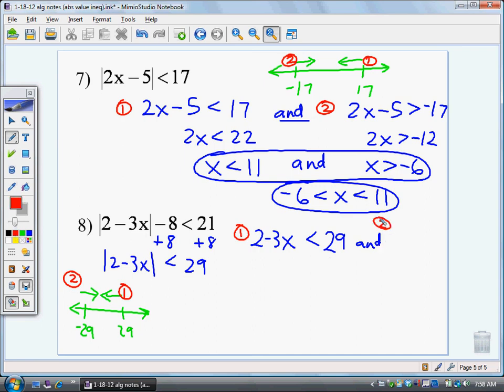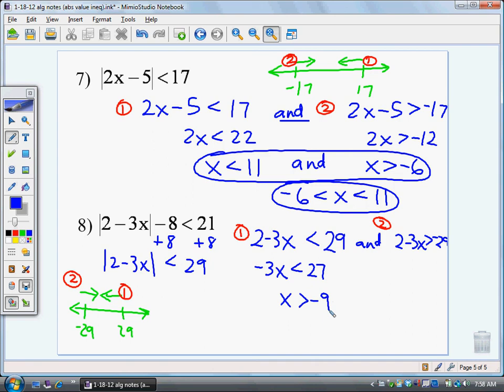Second inequality, squeeze it in here. 2 minus 3x. This one, the arrow for number 2 is pointing right, so greater than, and it's by the negative 29. And now on this, solving the inequality is a little bit tougher. You have to subtract 2, so you get negative 3x is less than 27. And when you divide by negative 3, you actually have to switch the inequality. So you get that x is greater than negative 9.